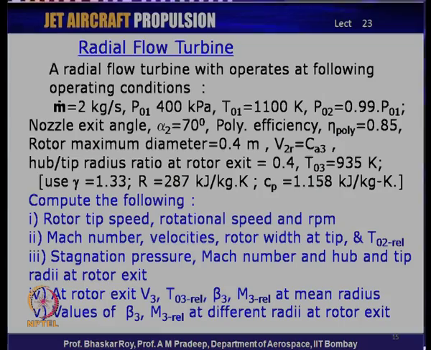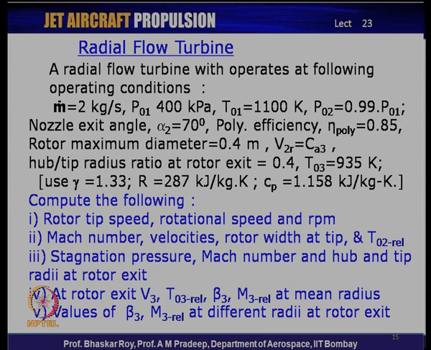What is prescribed here is that the mass flow is 2 kg per second, which means it is a small turbine. The entry pressure is 400 kilopascals. The entry temperature is 1100 K, and the entry pressure undergoes a 1% loss. That means, the pressure at the exit of the stator nozzle is 0.99 times P01. The nozzle exit angle alpha 2 is 70 degrees.